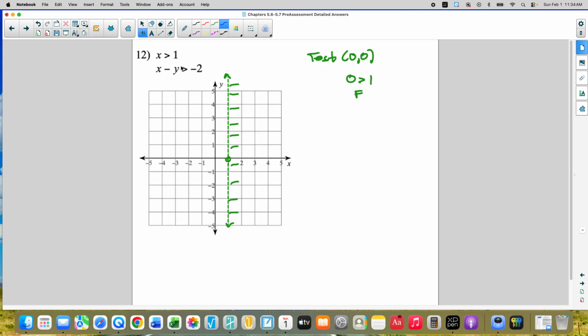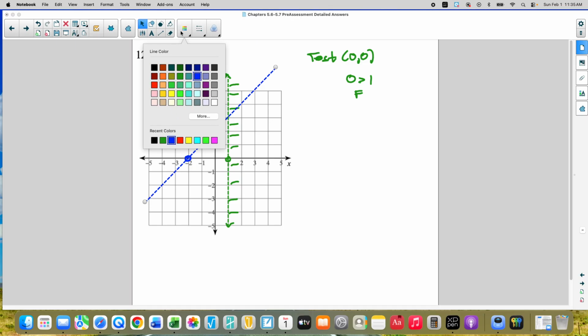And now we're going to do this. My x-intercept is -2. That's open circle. X-axis, -2. My y-intercept is +2. Dotted line. Oh, that was good. Blue.